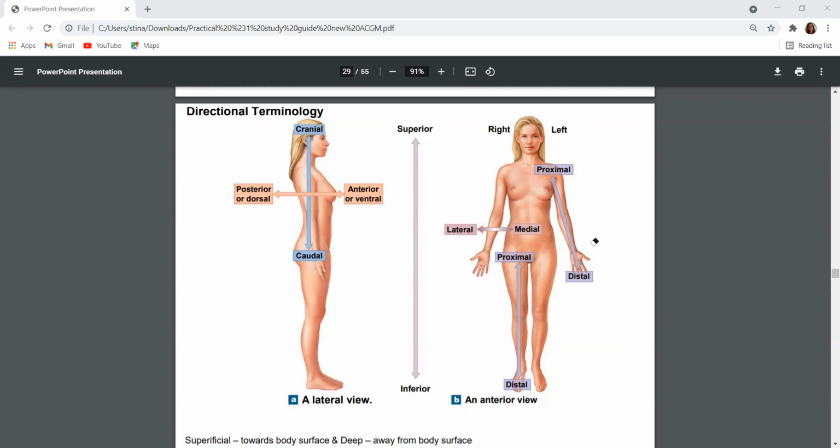Okay, so let's do some practice here. When you're doing the practice, you're comparing 2 points. Looking at this picture on the right, we would say, let me get my pen here.